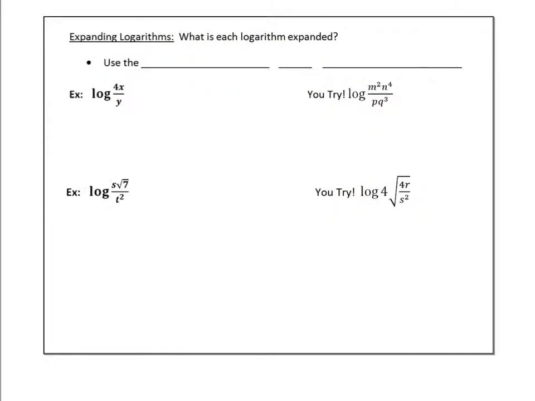So now we're going to do the opposite. And instead of simplifying, we're going to expand them. We're still going to use our properties of logarithms.